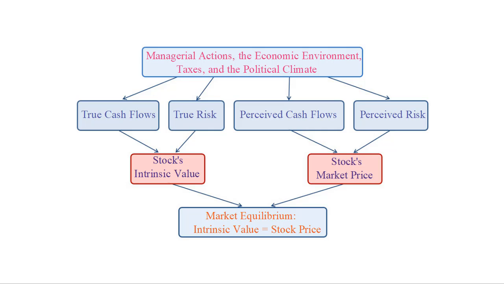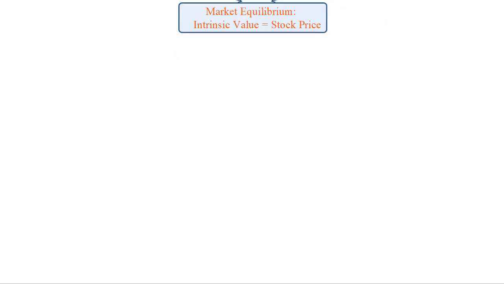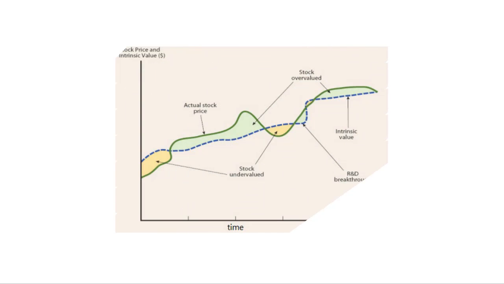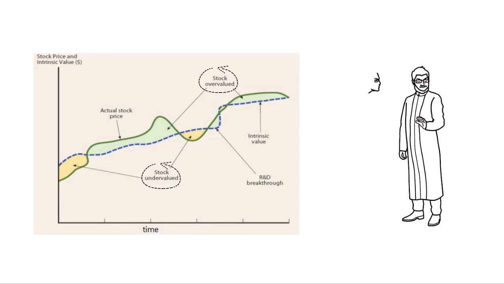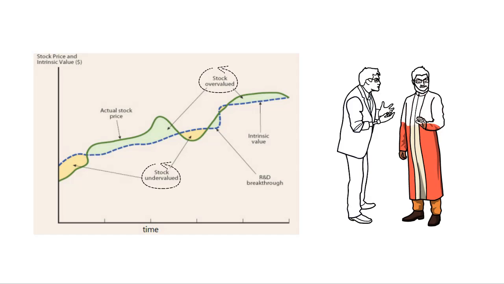Eventually, however, the two values tend to converge as the future unfolds. This picture illustrates how the difference between market price and intrinsic value can cause a stock price to be overvalued or undervalued. You now know that wealth maximization is an important financial goal of a corporation.